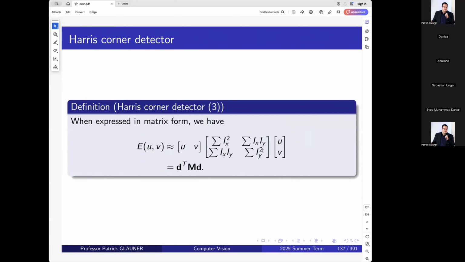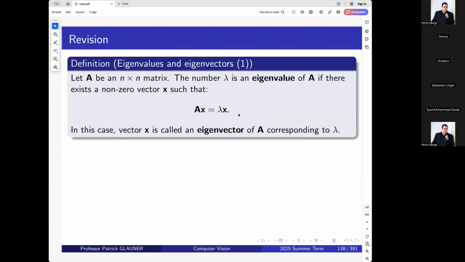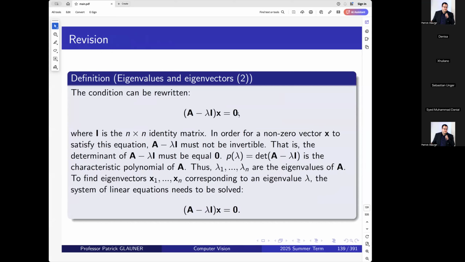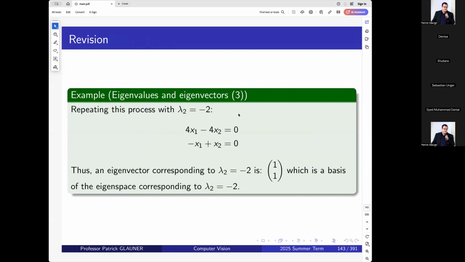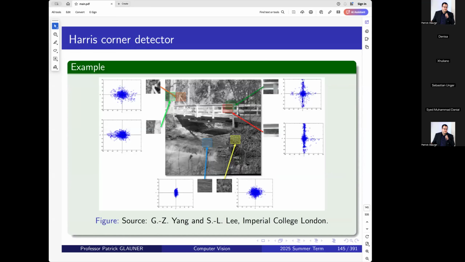And then once we had done this matrix vector decomposition of our error or change that we computed, we wanted to get the eigenvectors and in particular the eigenvalues of matrix M. And for this, we did a quick revision of eigenvalues and eigenvectors, and we got the eigenvalues and saw what they actually mean in the image and why they're distinctive.